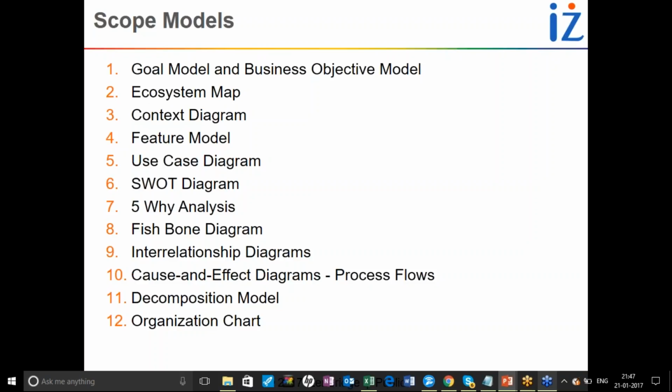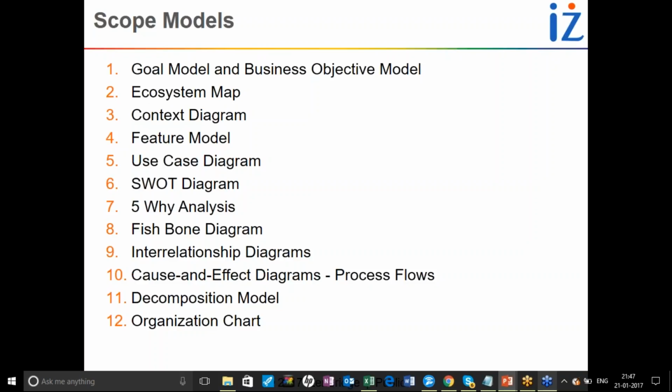5 why analysis and fishbone diagram are also examples of scope models, because when you use them, you are connecting the causes and effects, and there is a logical relationship between them.